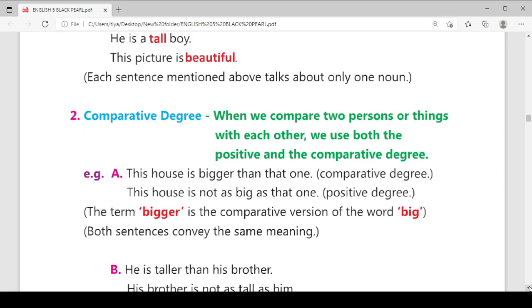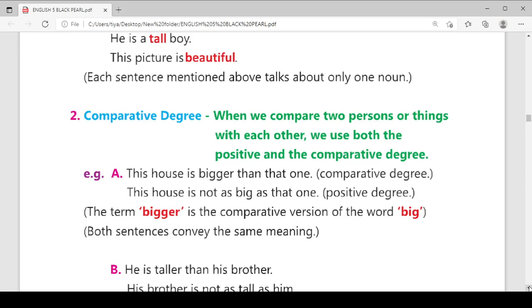Many times the examiner can ask the question: please change the form of the sentence, or use the positive degree without changing the meaning. So you just need to do more and more practice exercises, and you will be able to change the form and the degree of the sentence.